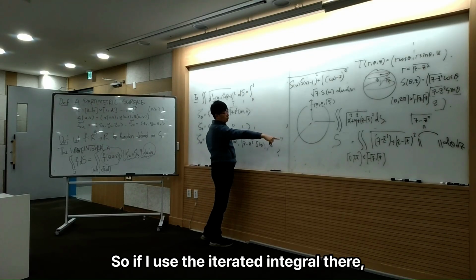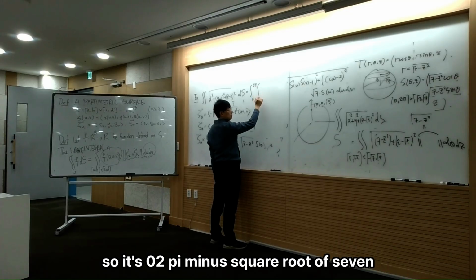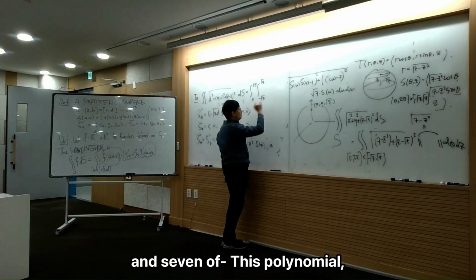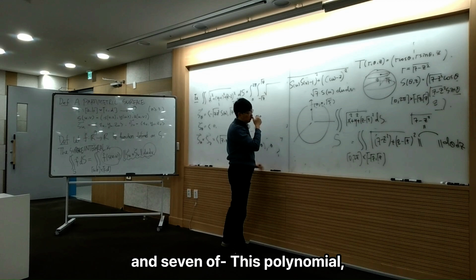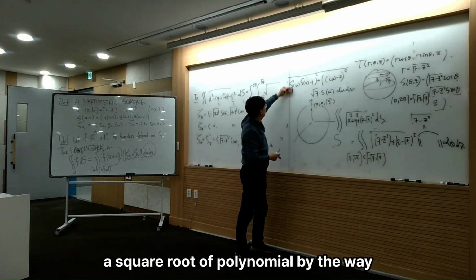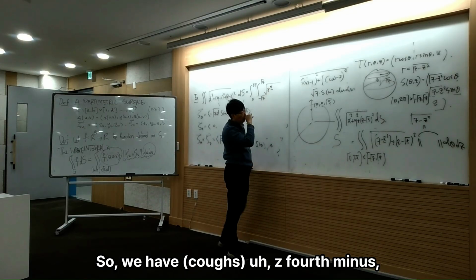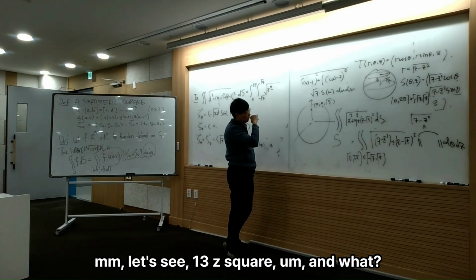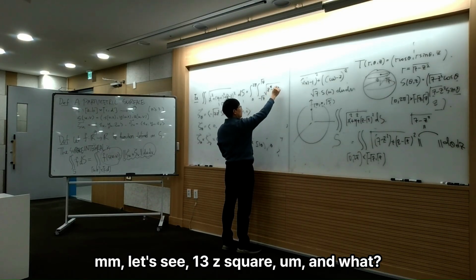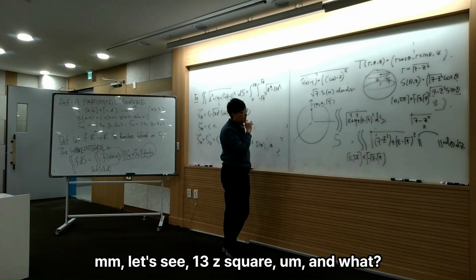So if I use the iterated integral there, it's 0 to pi, minus square root of 7 to square root of 7, of this polynomial, a square root of polynomial, by the way. So we have z to the fourth minus, let's see, 13 z squared, and what?